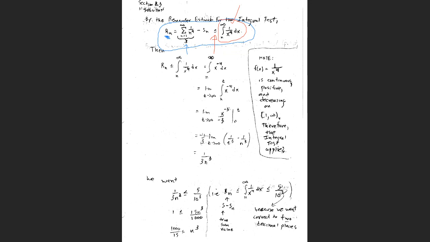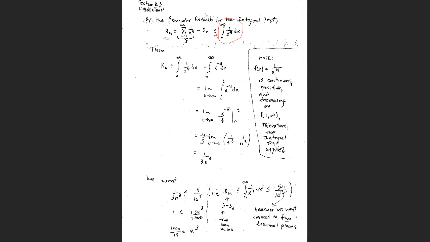Okay, so we have to figure out how many terms of the series we need to add so that our estimate is correct to 2 decimal places. The way I'm going to determine that is by using the remainder estimate for the integral test. The error in our estimate will be less than or equal to this integral on the right.